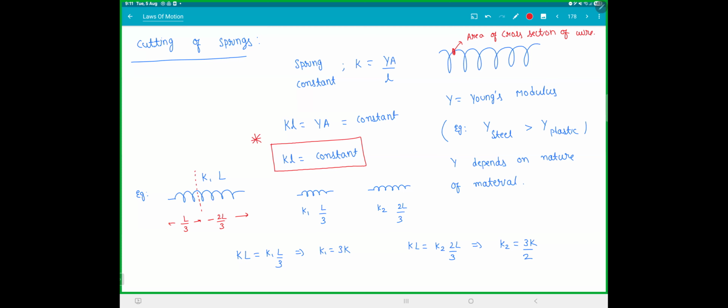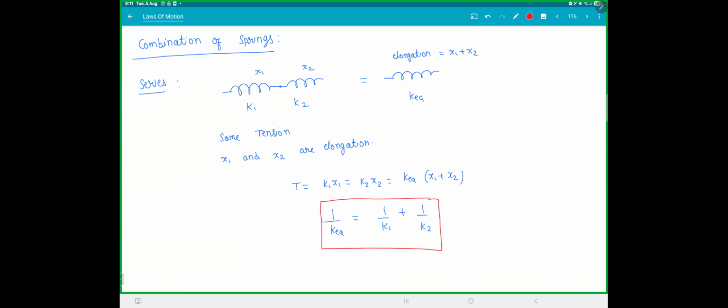All clear with this? Any doubts, Srihari? Shaunak? Shreyansh? Shaurya? Pratyasha? Siddesh? Great. Let's see our question.